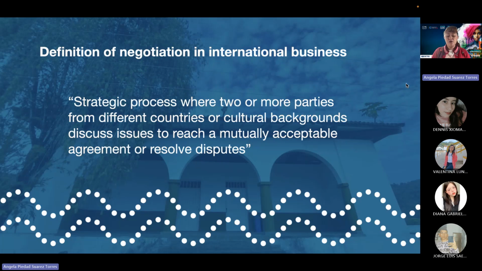The goal is often to find a win-win solution where all parties have a benefit, emphasizing problem solving and relationship management. The success of international negotiation demands awareness of cultural, legal, and economic factors that influence business behaviors, such as decision-making styles, communication norms, and market conditions.